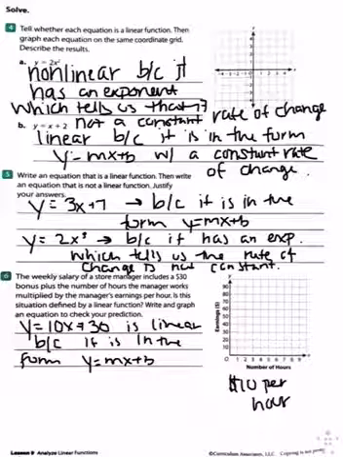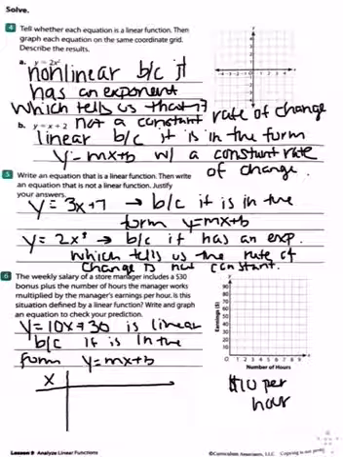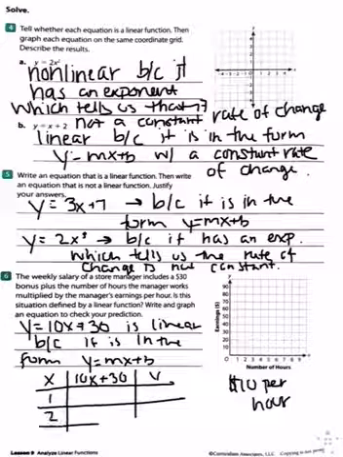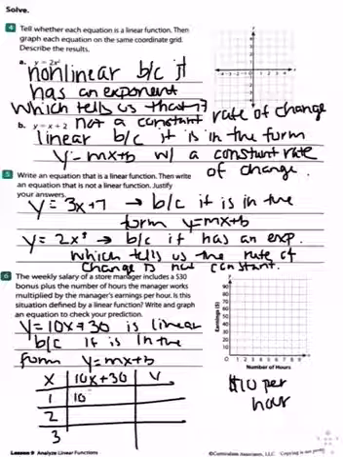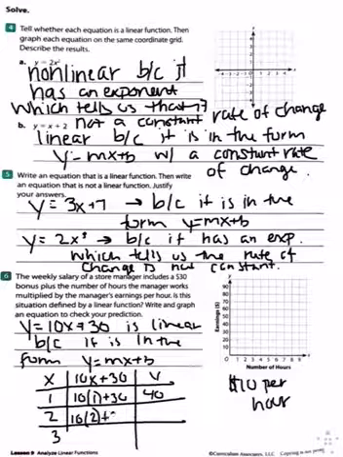If we chose to solve this equation, I would set up a table of values. And I'm going to use the numbers 1, 2, and 3. So if he worked 1 hour, we would multiply 10 times 1 and get 10. 10 plus 30 is 40. He would get $40. If he worked 2 hours, he would get 10 times 2, which is 20, plus 30, which is $50.